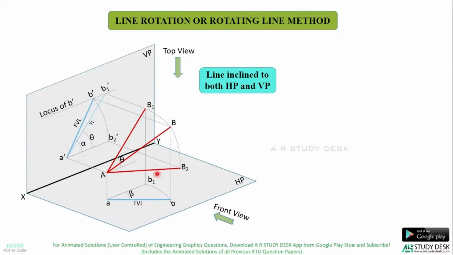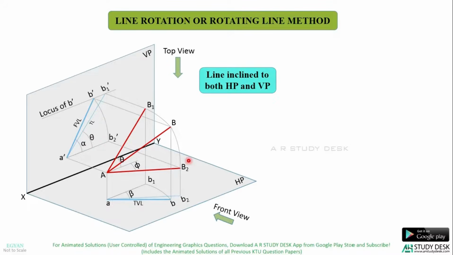That means in the top view you should get the true length. Now what is this angle made by this line AB2 with XY line? This angle is phi, which is the true angle made by the line with VP. Now if you project this AB2, this is the true length. If I project this onto HP, you get the true length. Look at here. Yes.